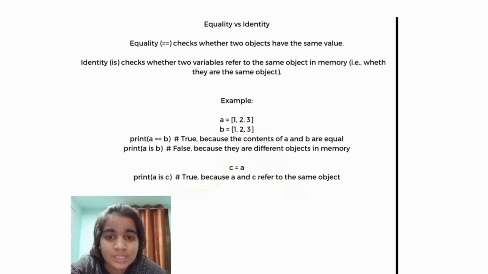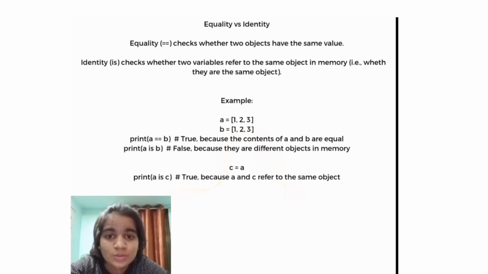Print a == b is True because the contents of a and b are equal. Print a is b is False because they are different objects in memory. Print a is c is also True because c refers to the same object.